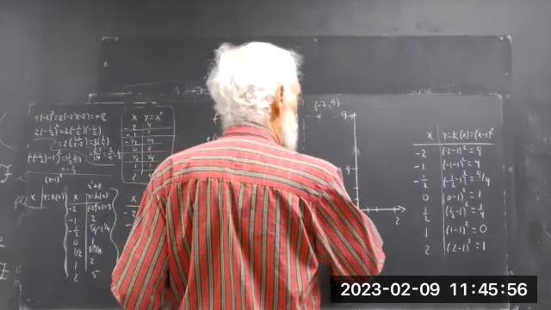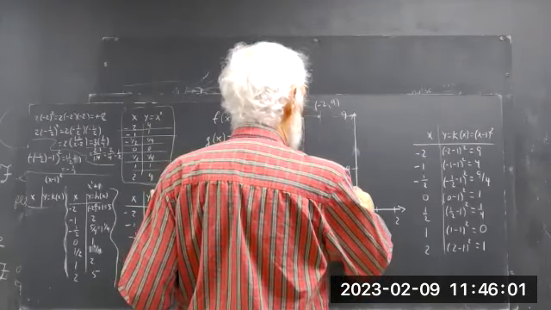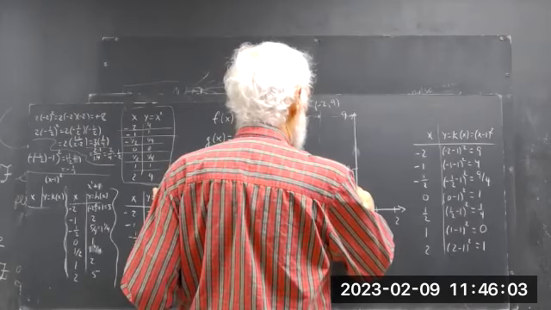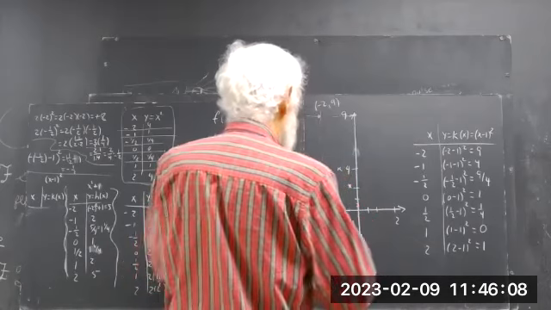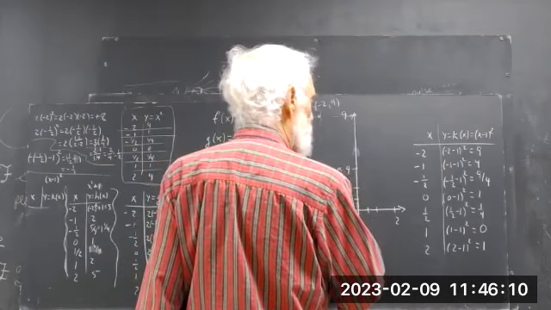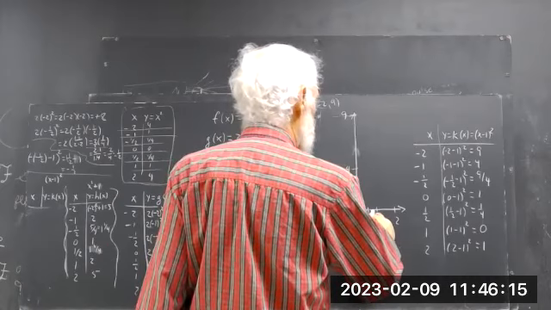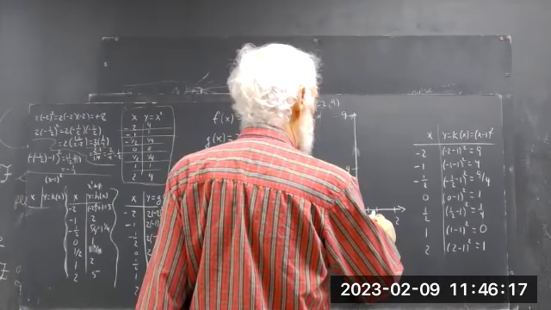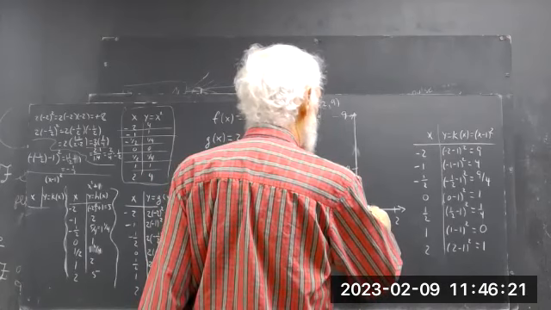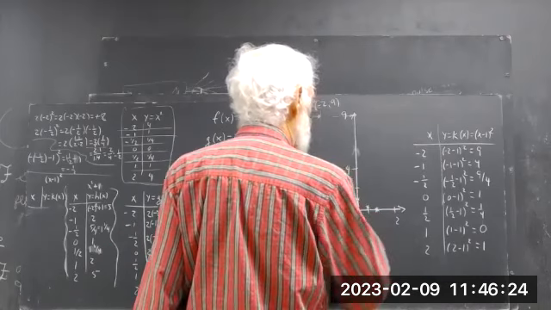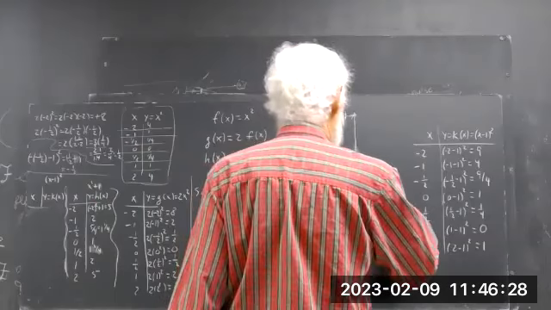If x is -1/2, well, we get 9/4, and that's 2 1/4, and that's going to be up about maybe here, a little more than 2. At 0, we get 1. When x is 1/2, we get 1/4. When x is 1, we get 0. And when x is 2, we get 1.